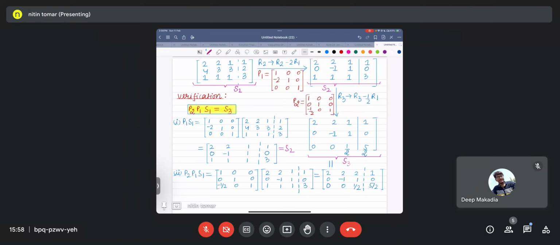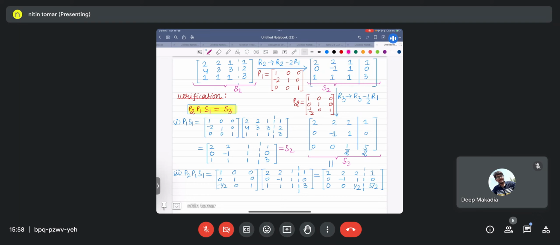But S2 is the same matrix. Yes. When you say two different ways, that is not entirely true. A row operation is just some algebraic equation, but corresponding to this row operation you have an invertible matrix.